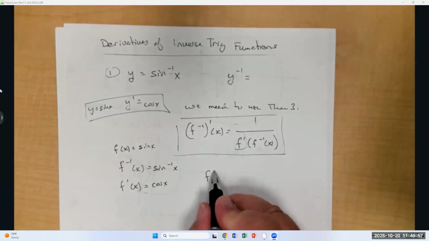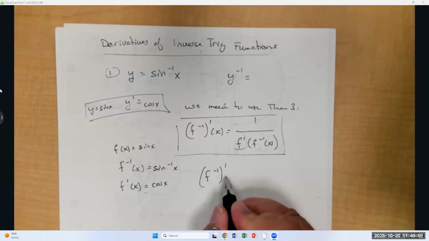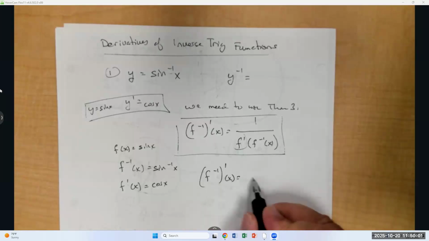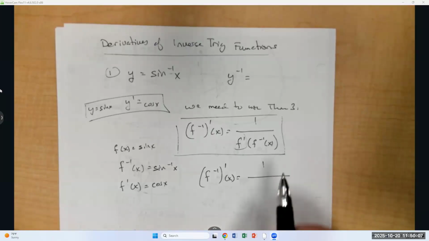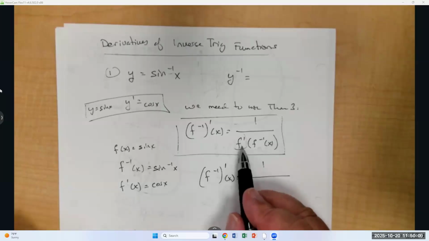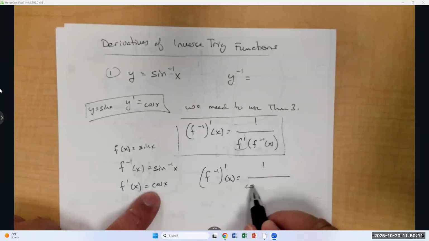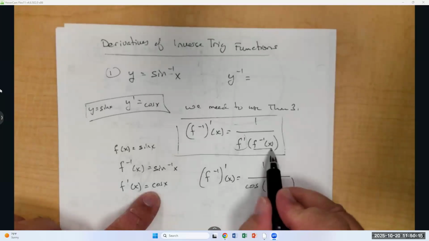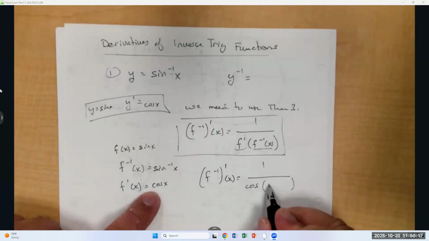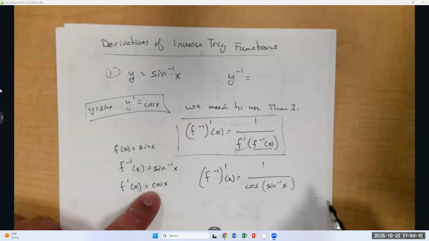So the derivative of our inverse will be 1 over f prime. So f prime is cosine. And what goes inside there is our inverse function, which is sine inverse of x.